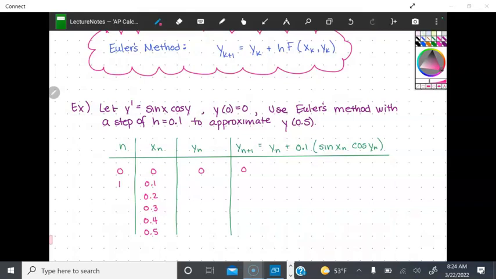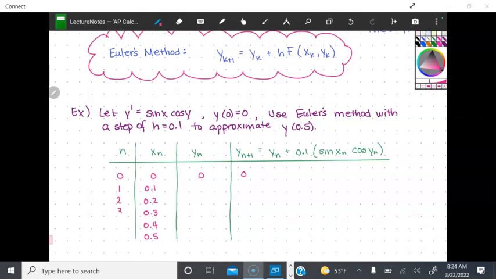So I can go ahead and fill in n, because n just goes up by 1 every time. But now to find y, that's where all the work on your calculator is going to come in. We do know the next value for y will be 0, because this is y sub n plus 1, and that was when n was 0.